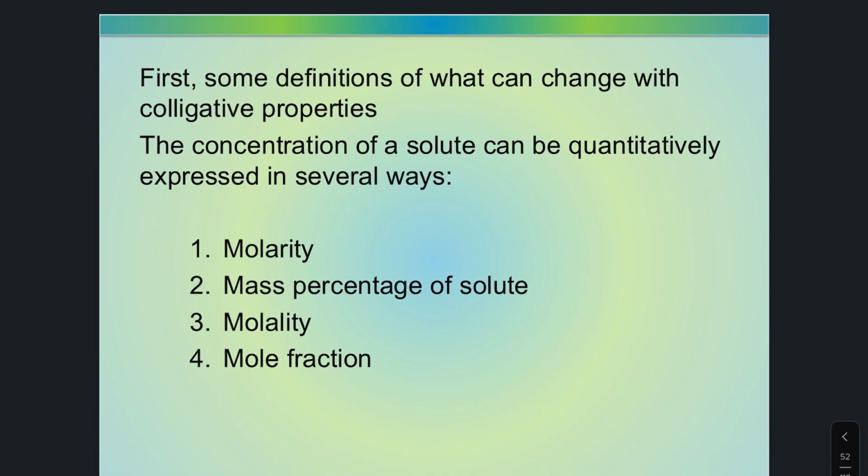So let's talk about what the different variables we can use for measuring colligative properties are first. We know what molarity is. We've talked about mass percentage before, so mass percentage of a solute is not going to be too much different. Molality and mole fraction may be two new things that we have to discover.